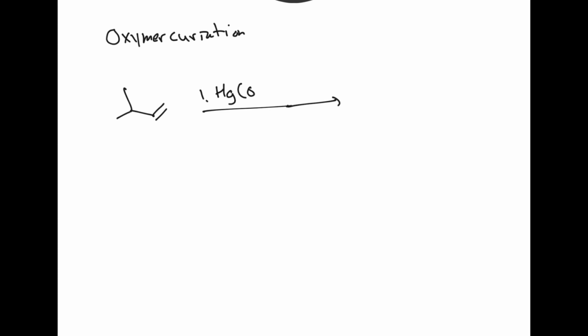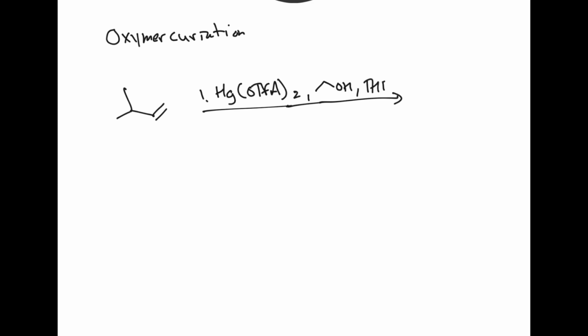All right. And then the last one is oxymercuration. This eliminates your rearrangements. So this one, you never make a carbocation, but you have to use mercury instead. So you use mercury trifluoroacetate and whatever alcohol you want.